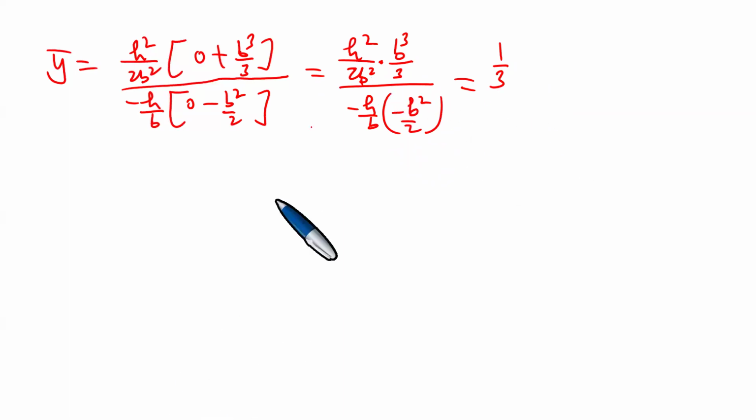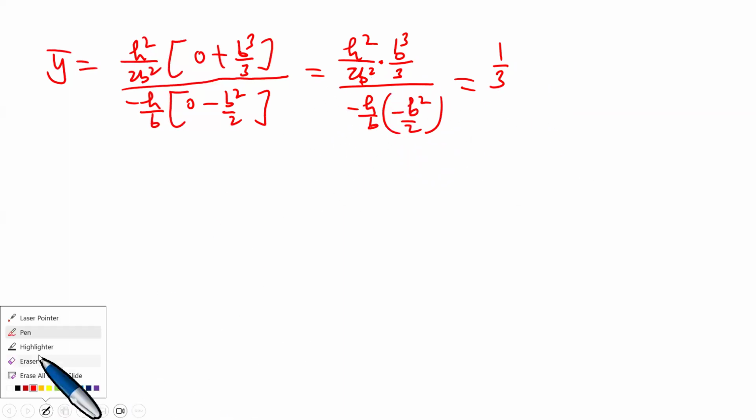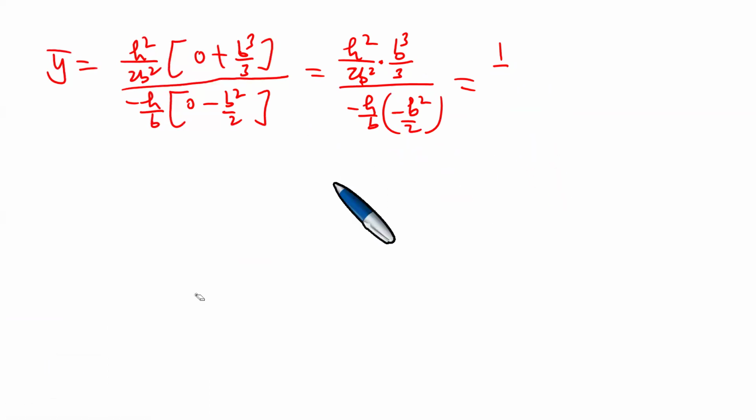But there's a 2 here, which becomes 1/6, which arises from 2 by 3. There is h squared, and then b cubed over b squared, which becomes just a b.